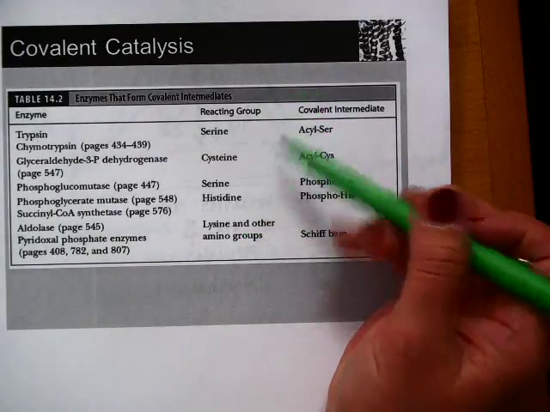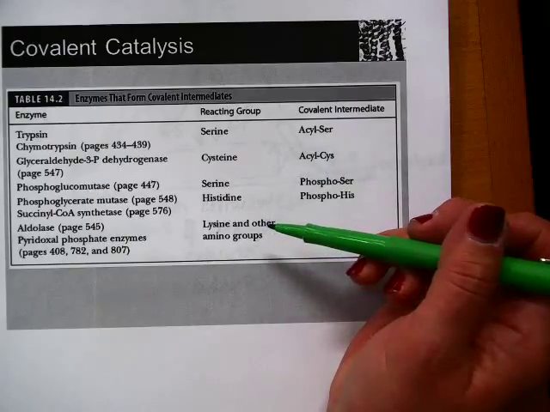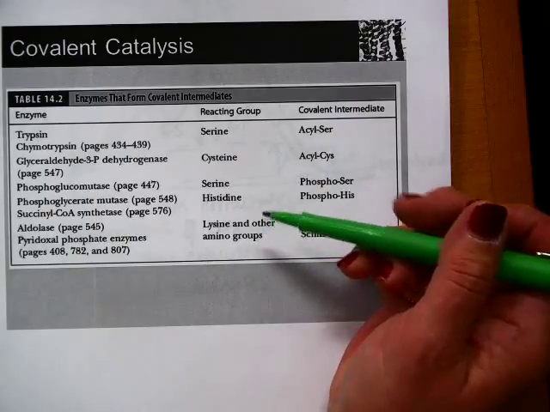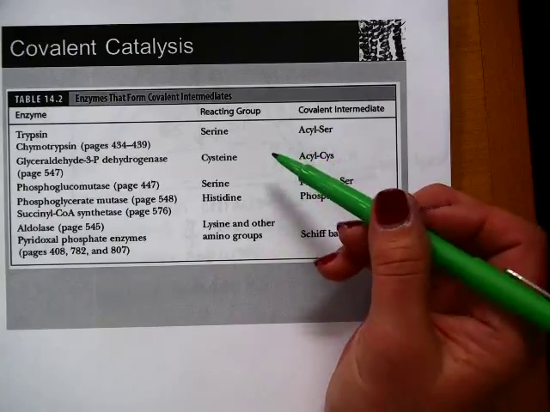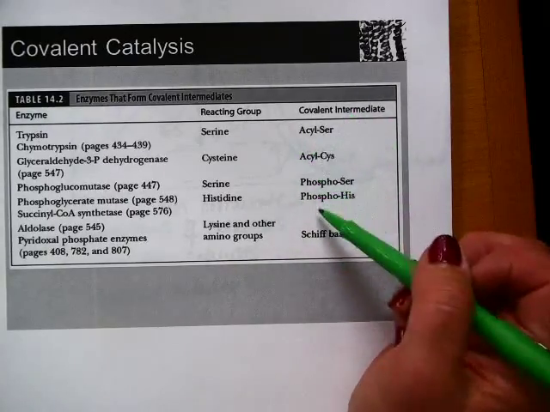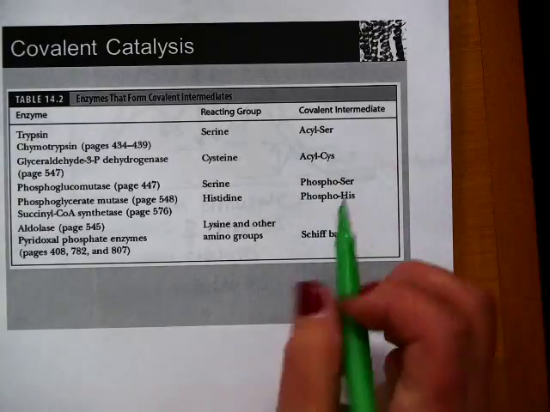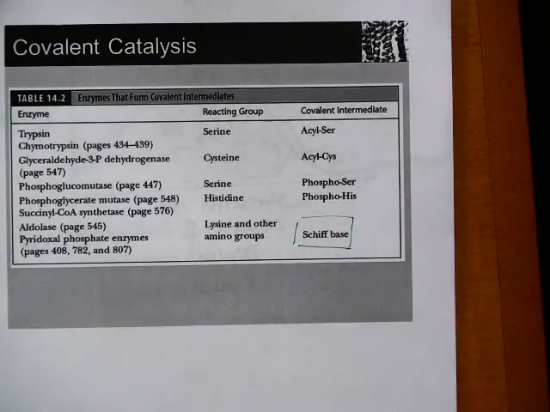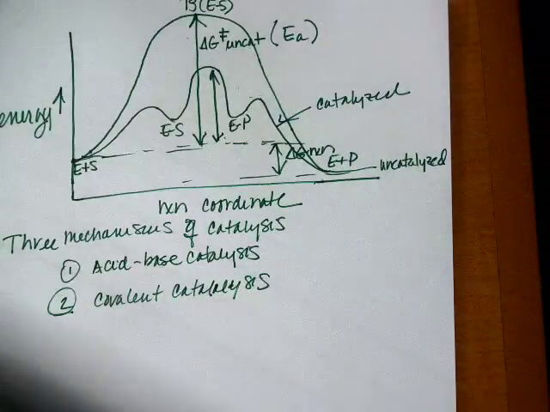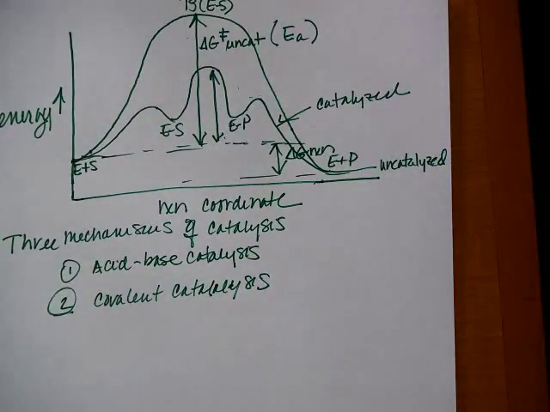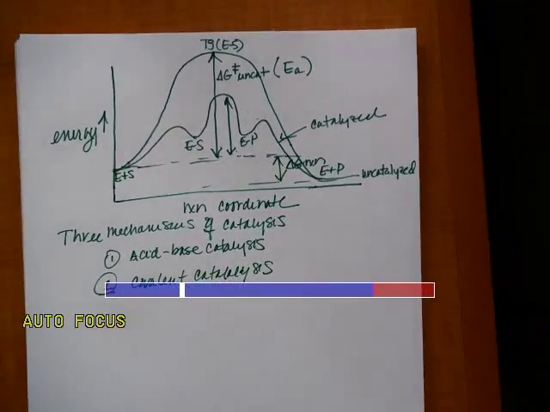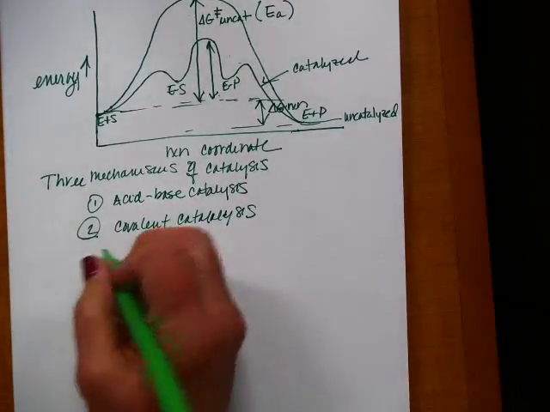So this is the amino acid that is interacting with the substrate, and this is what the covalent intermediate is. We'll specifically look at these when we look at the pentose phosphate pathway. So we'll see that again. And then finally there's metal ion catalysis.